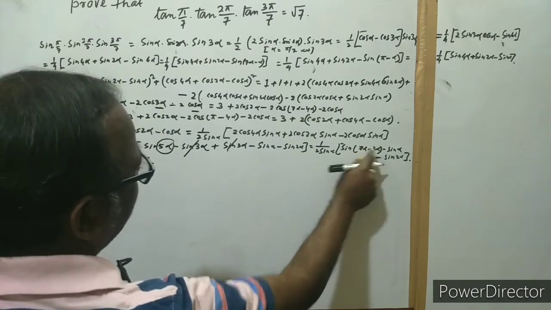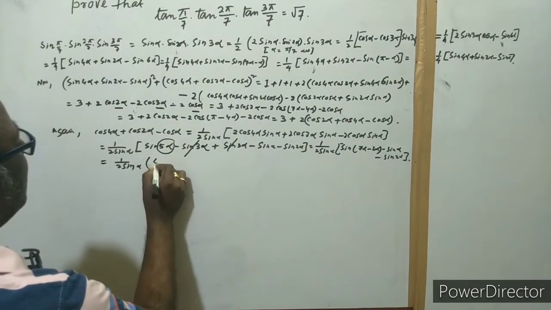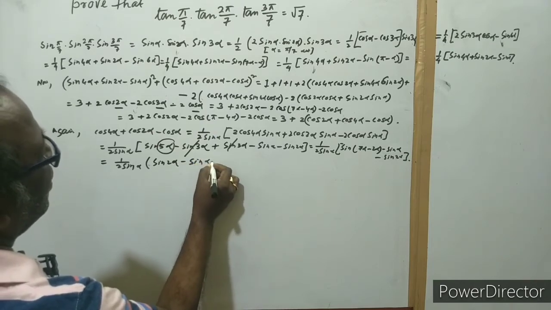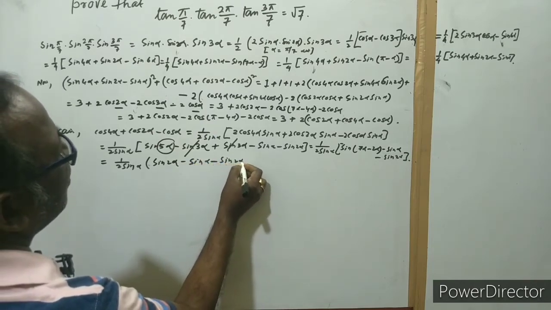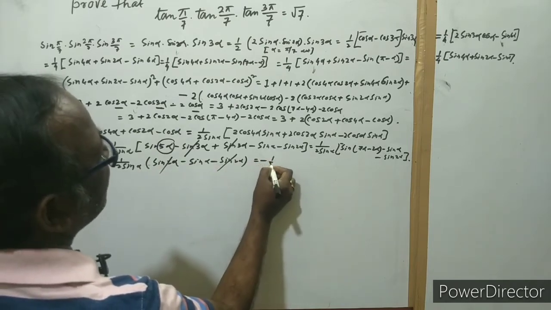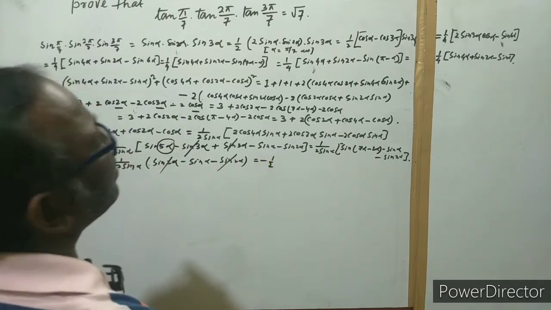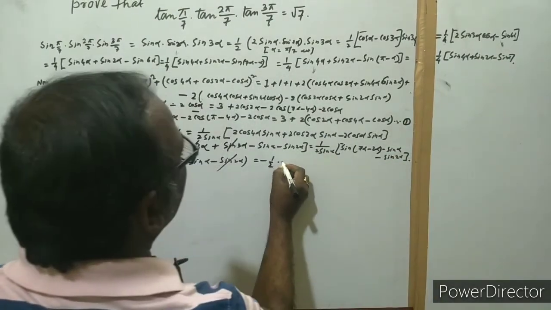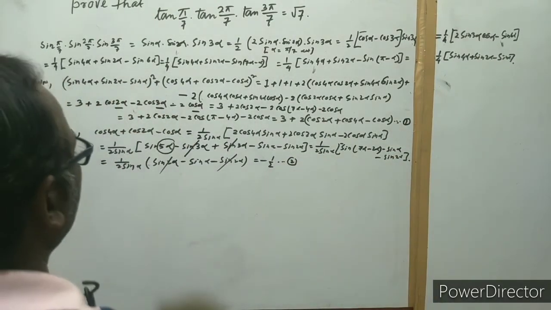This is 5 minus 12, this is sin 2 alpha minus sin alpha minus sin 2 alpha. So this cancels, this is equal to minus of actual. Okay, and now this is here 1, this is here 1, this is 2.